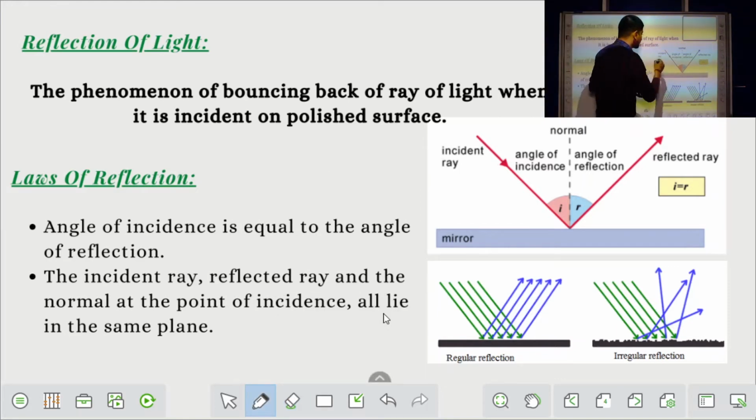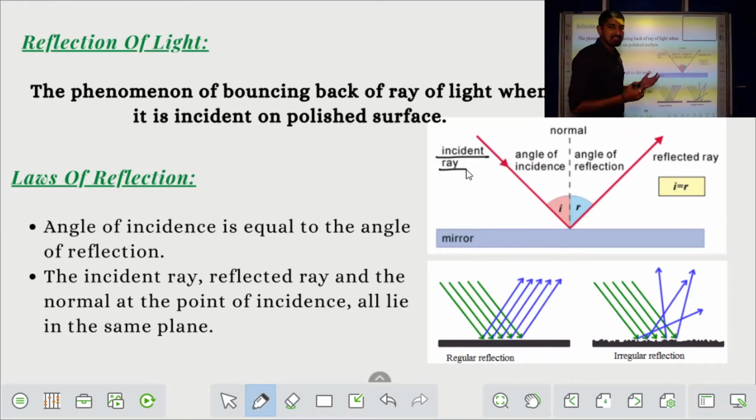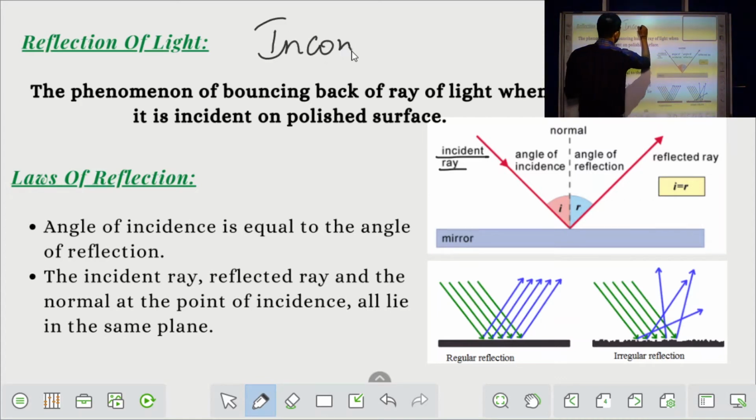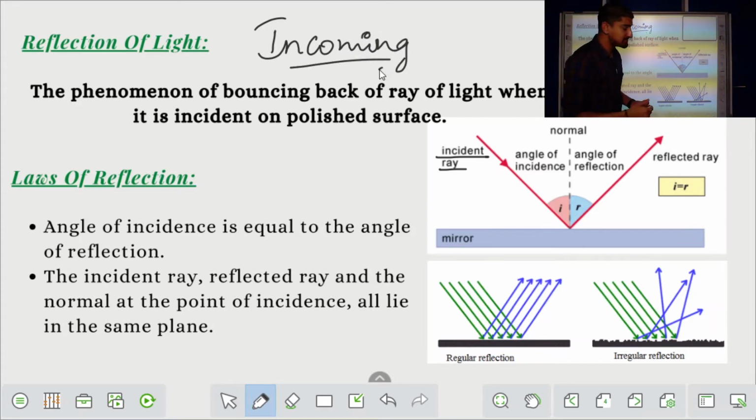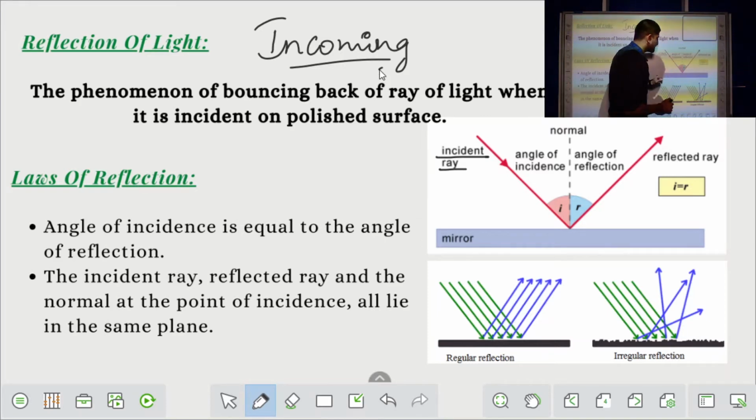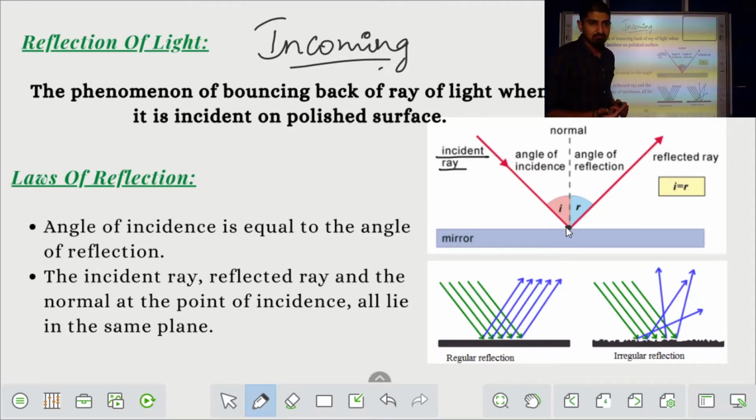Now, coming to the incident ray. The incident ray I can call the incoming ray. Incoming ray in the sense of the light which is coming from the sun, which is made to fall on the opaque surface. After it makes contact with the surface, it gets reflected. That is what the definition says: bouncing back of a ray of light.